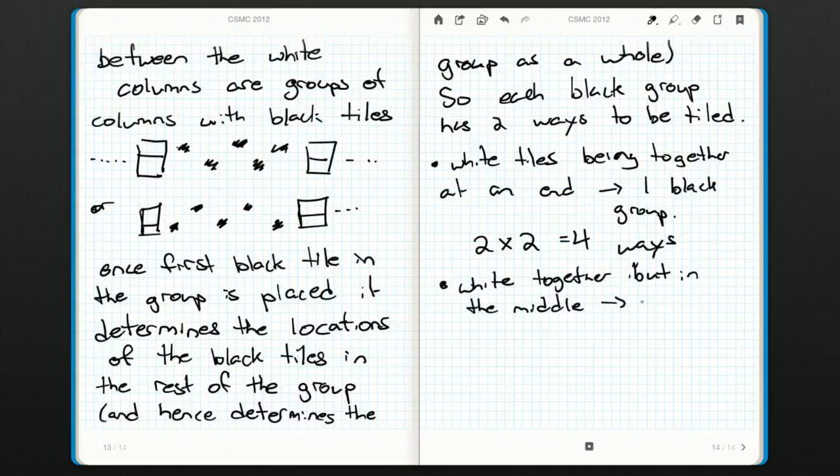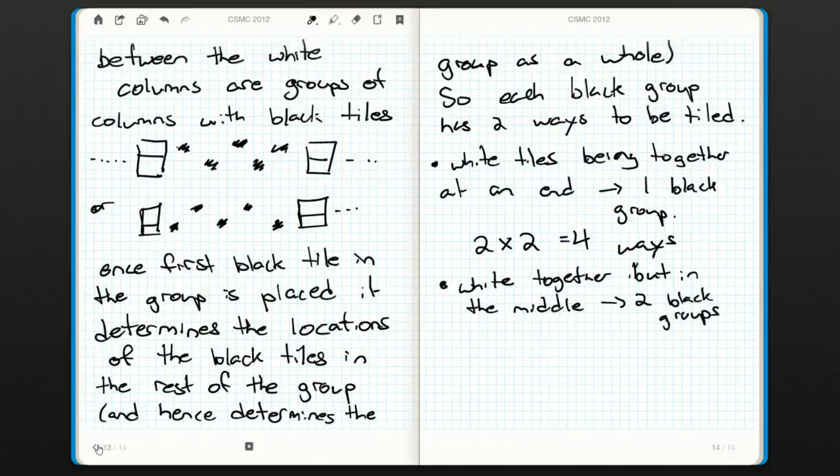Now, if they're together, but they're somewhere in the middle, that means that on either side of this 2x2 block of white tiles, on either side we have a black group. So that gives us 2 groups of black tiles. Each of them has 2 different ways to be tiled.